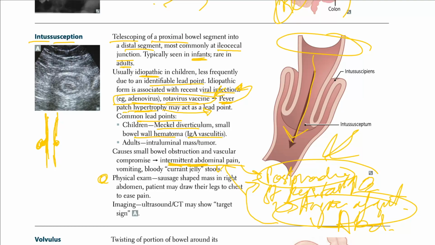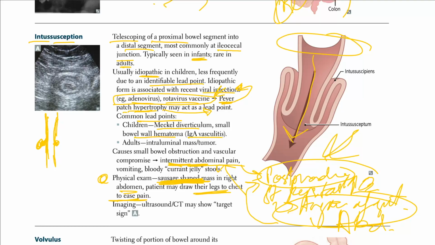On physical examination, you're going to have a sausage-shaped mass in the right abdomen. Patients may draw their legs to the chest to ease the pain. Okay, so sausage, very important. It's a sausage-shaped mass on palpation.